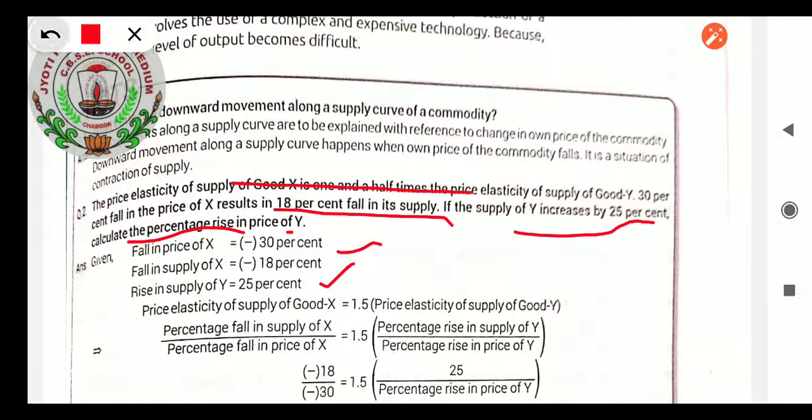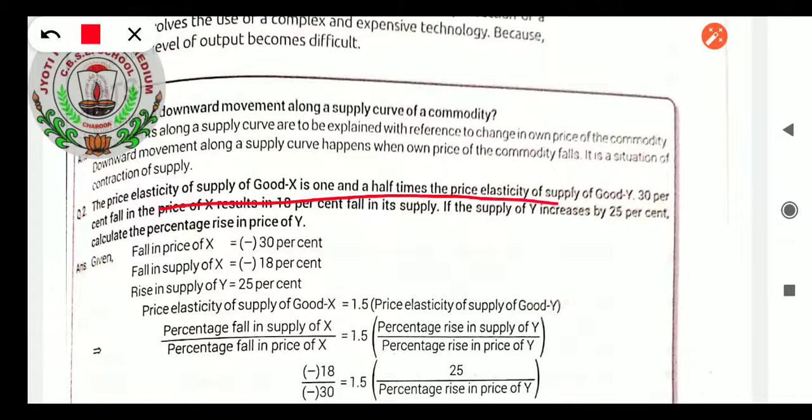Here the price elasticity of supply of goods X is 1.5 times the price elasticity of supply of goods Y. So the statement is that the price elasticity of supply of goods X equals 1.5, meaning 1.5 times the price elasticity of supply of goods Y. It is given there. Now, what if we apply the formula?